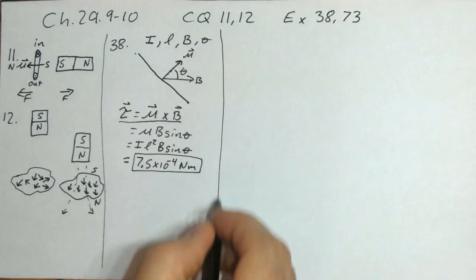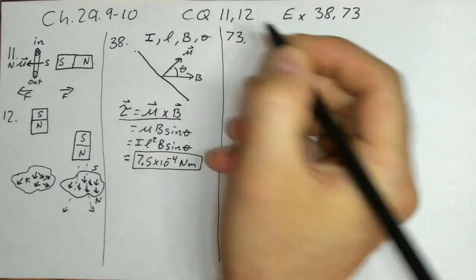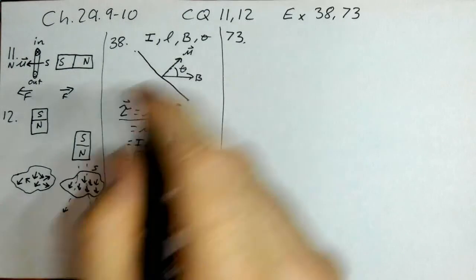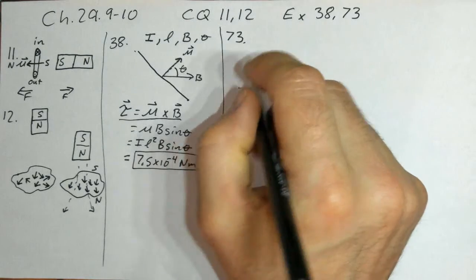All right, then our final problem for today is our short lecture today, 73. Okay. Now this one could be an easy problem, but I want to focus on the process of analyzing. So this one is a good example of applying multiple ideas.